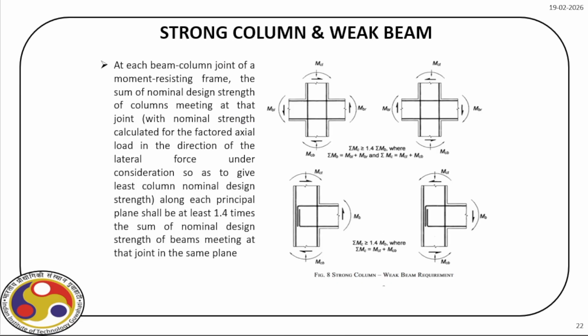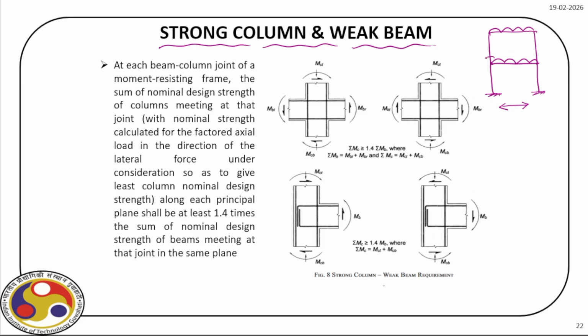Okay. Now comes, this is very important, strong column and weak beam. So when you have a frame structure, say if you have a frame like this, and when we design, we have an earthquake shaking. Obviously, there is some load over these beams which is transferred to the column. Then this load is transferred from beam to column and finally to the footing, right?